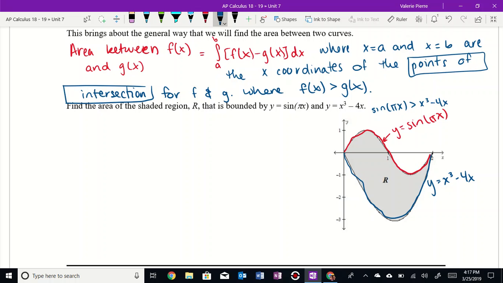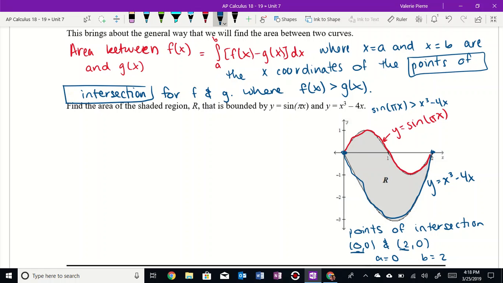All right, so we have which function is greater. Now we need the points of intersection. Our points of intersection are (0, 0) and (2, 0) in this case. So my a will be 0 and my b will be 2 because those are the x values of my points of intersection.